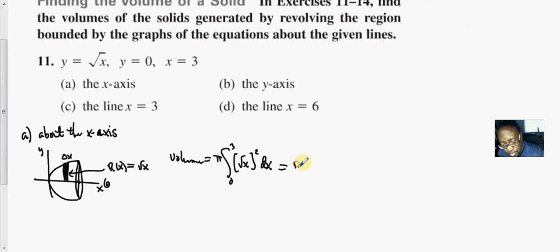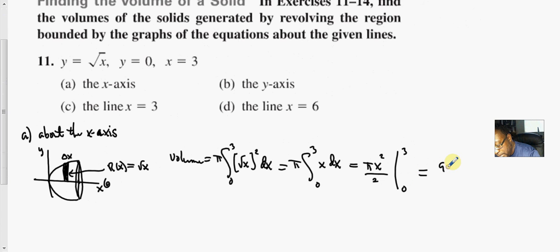So here, this is pi times the integral from 0 to 3 of x dx. And here we get pi times x squared all over 2. And we evaluate that from 0 to 3. And so the volume is 9 pi all over 2.